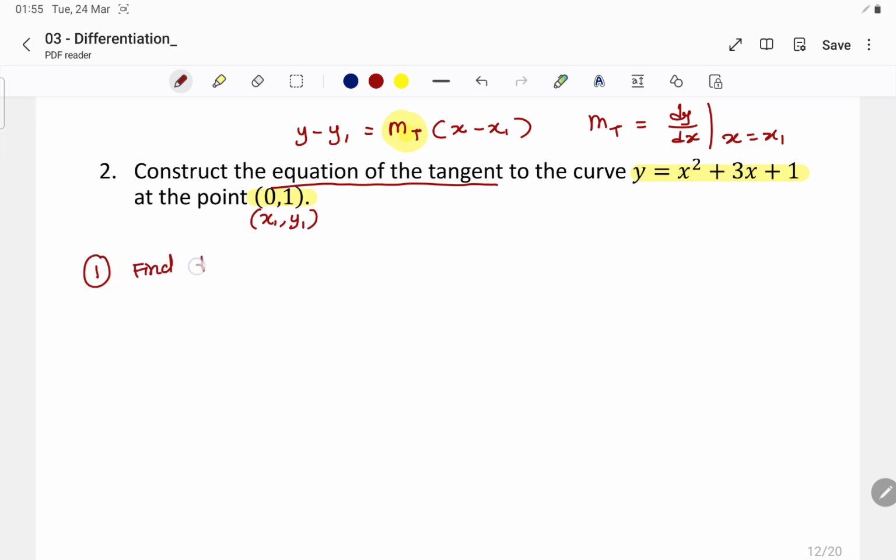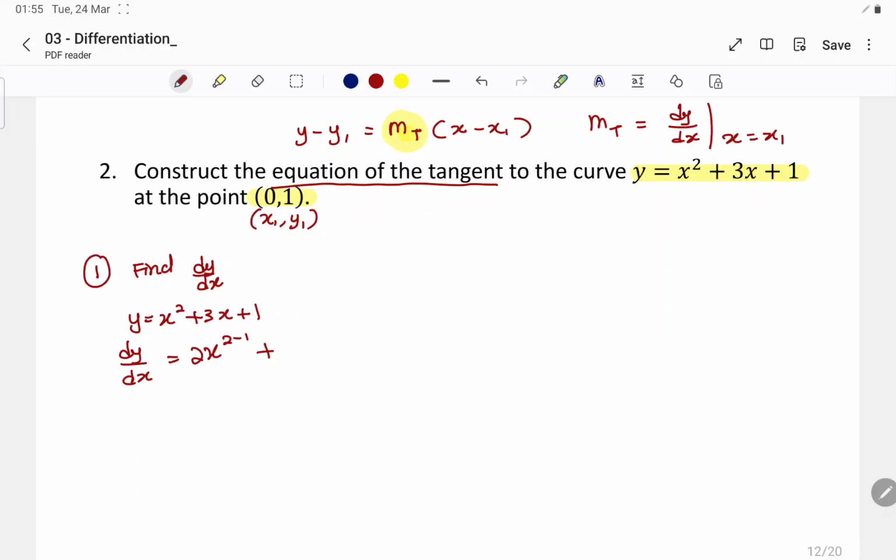To find mt, find dy/dx. We have y equal to x squared plus 3x plus 1, correct? Here we have to differentiate. Find dy/dx. So for x squared, you bring 2 in front, you get 2x, the power becomes 2 minus 1, plus 3x, which we differentiate.